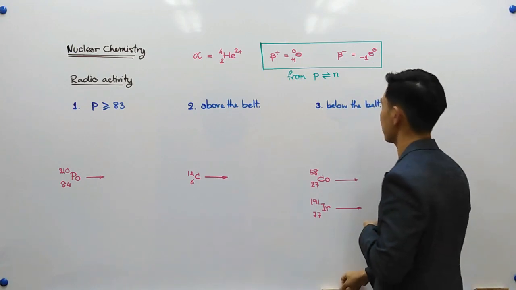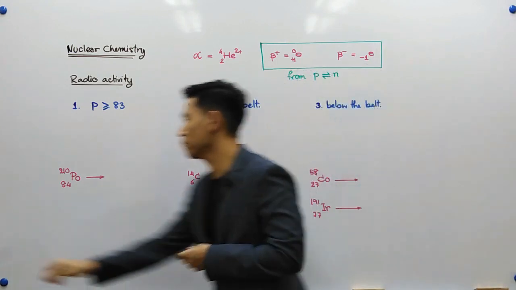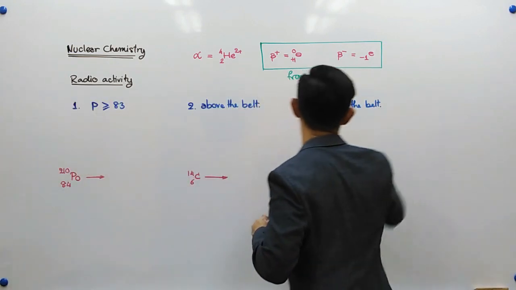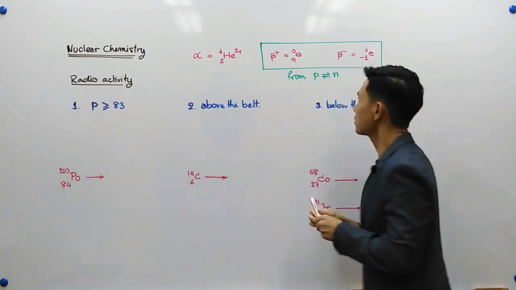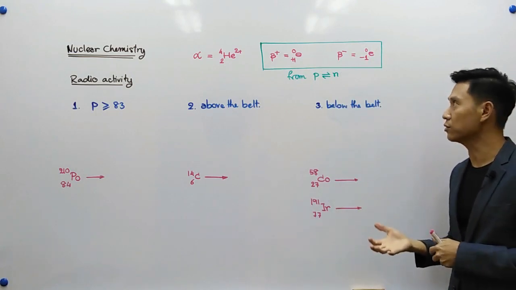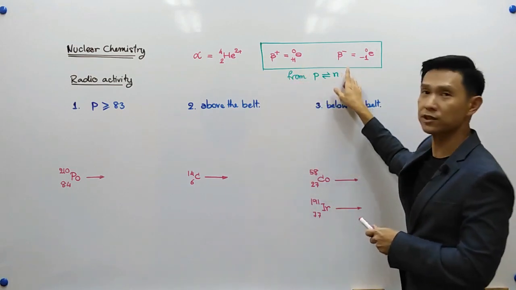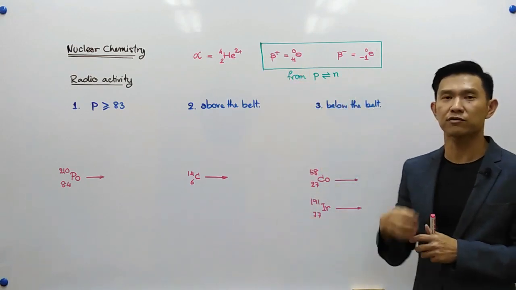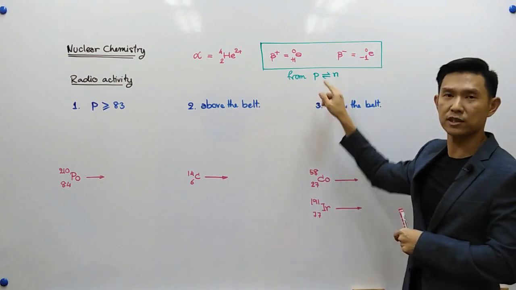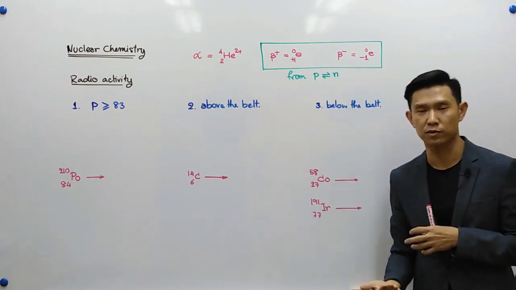Oops, I put it the wrong way. So 0 is the mass number of the electron, so I shall put it here. Okay, so there are three types of radioactivity that I want you to fill in here. But before that, beta plus and beta minus, or positron and electron, are released from this kind of transformation: a proton transforms to a neutron, or a neutron transforms to a proton.